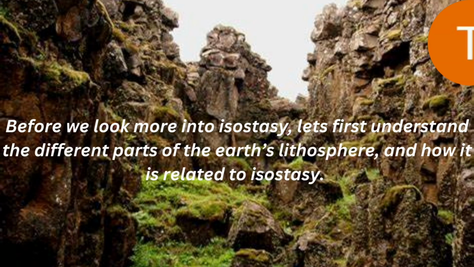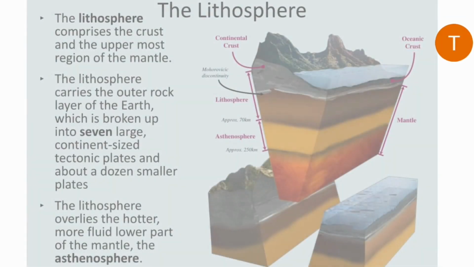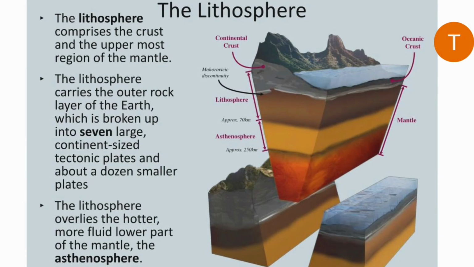Before we look more into isostasy, let us first understand the different parts of the Earth's lithosphere and how it is related to isostasy. The lithosphere comprises the crust and the uppermost region of the mantle.